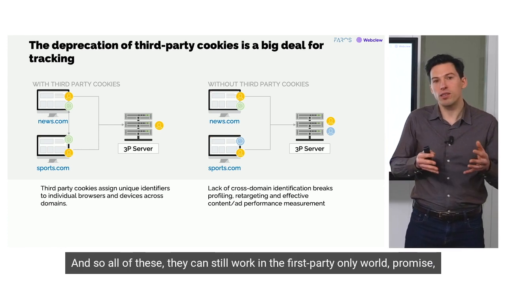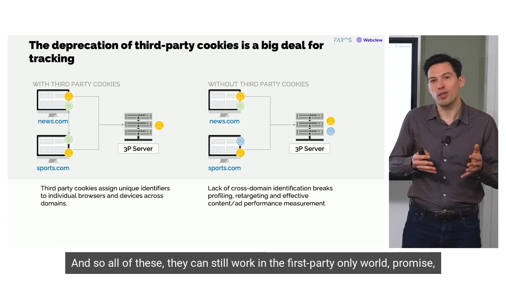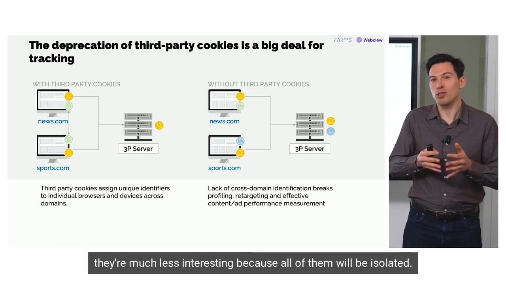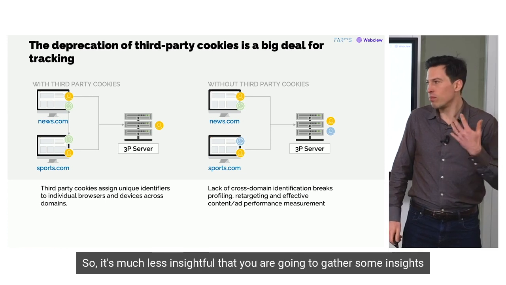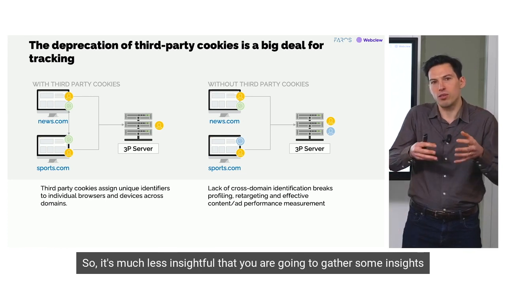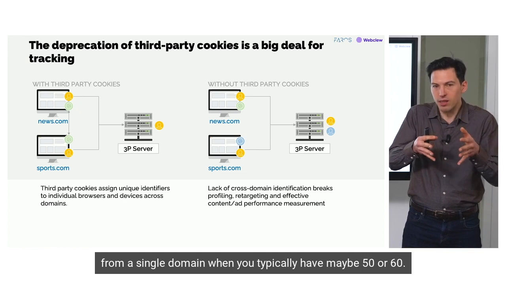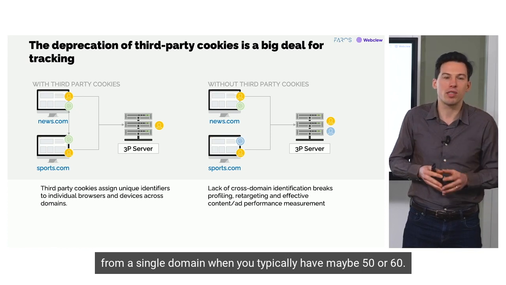And so all of these, they can still work in the first-party only world. Problem is, they're much less interesting because all of them will be isolated. So it's much less insightful that you are going to gather some insights from a single domain when you typically have maybe 50 or 60.